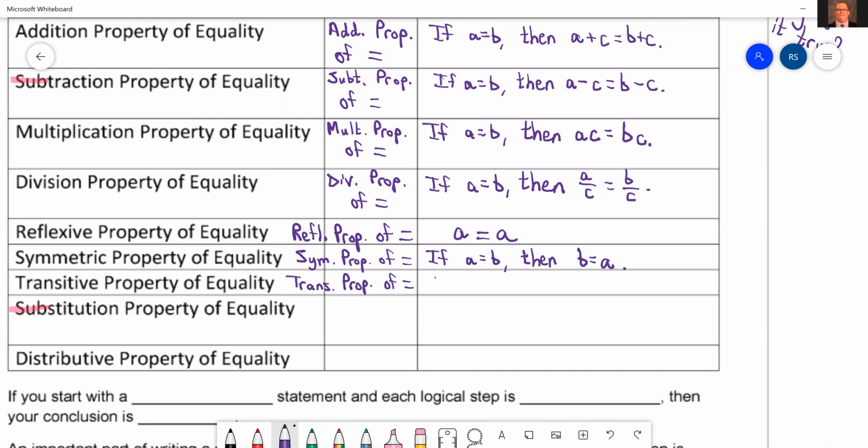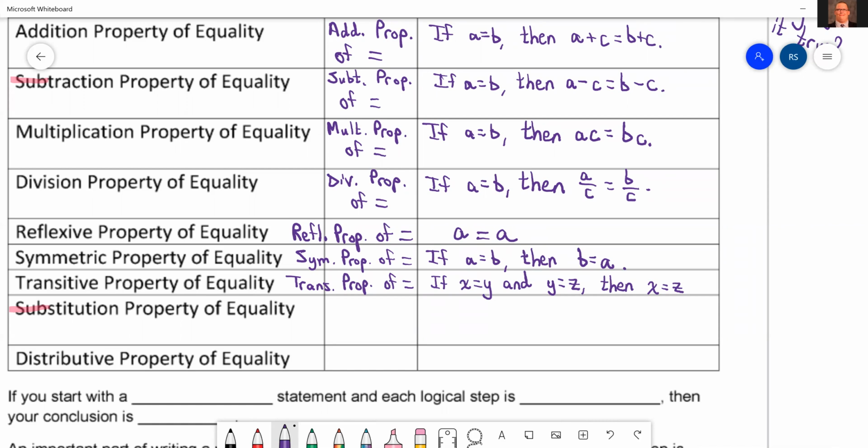This one's going to say if x equals y and y equals z, then what do we know about x? X equals z. If x is equal to y and y is equal to z, then x has to be z.